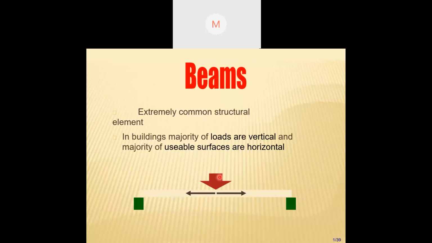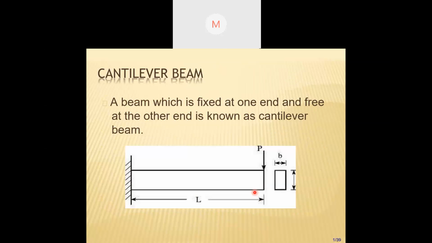So in beams, what happens? Consider this to be a beam: the loads are what? Vertical, right? And the surfaces are horizontal. Now can you see the beams of your house? If you are inside your house and look above, you will see those beams like this.